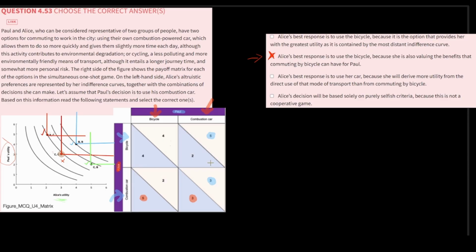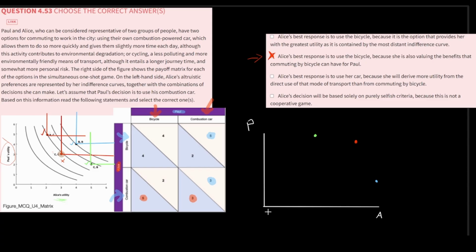And let me just draw our diagram as we would have had it there. So we have Paul's utility and we have Alice's utility. We have our following points. We'll say that this is BB. We'll say that one is the CB. I'm just trying to recreate that graph on the left.